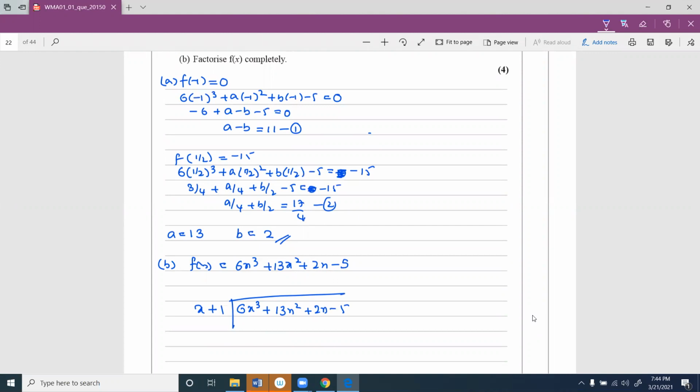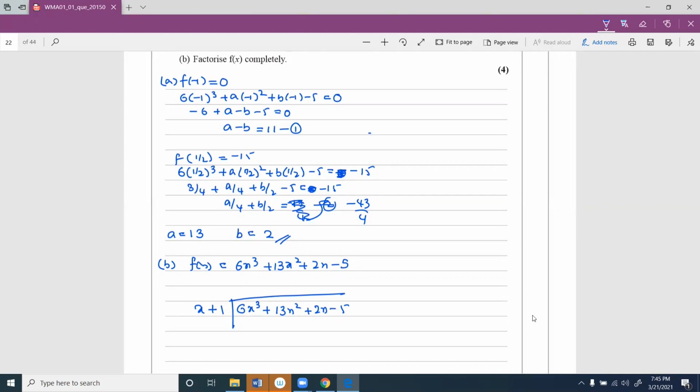It's 3 over 4 and minus 5. Sorry, just a small mistake. Minus 5 is minus 17 over 4. It is 17 over 4 minus 15, which turns out to be minus 43 over 4. Let's do this and see.